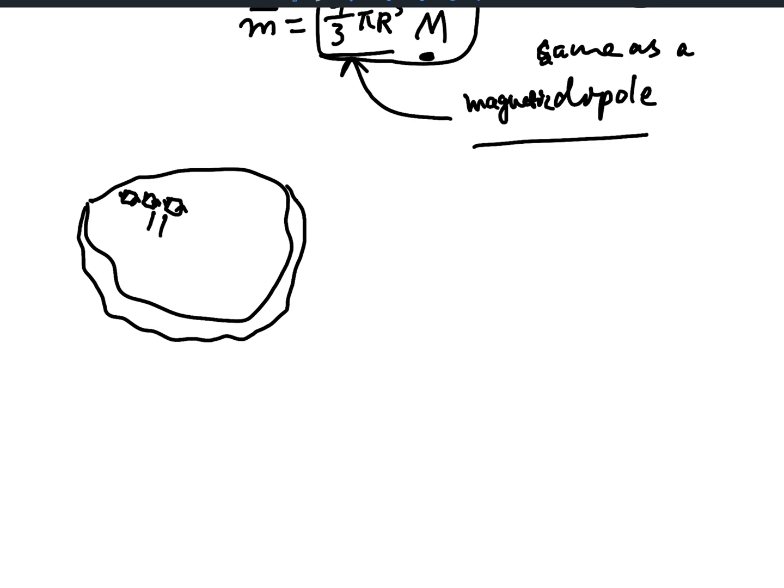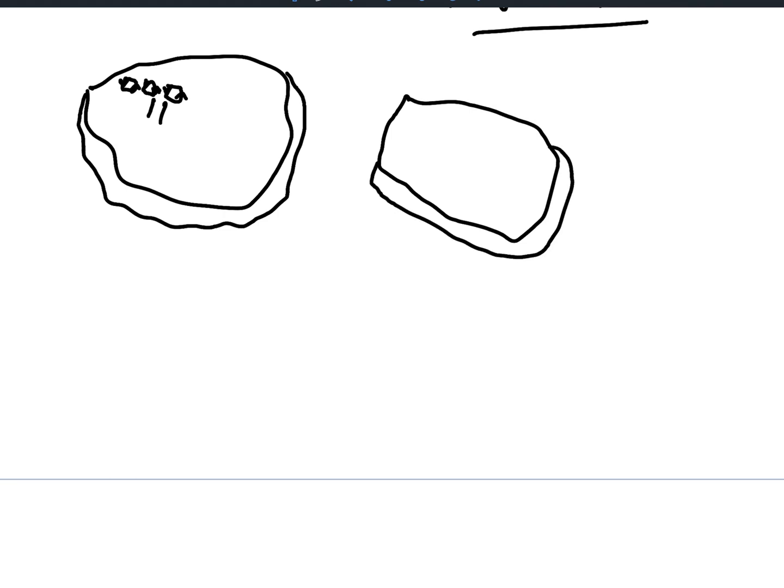So for this slab, you can think of it as a single ribbon of current I flowing around the boundary.